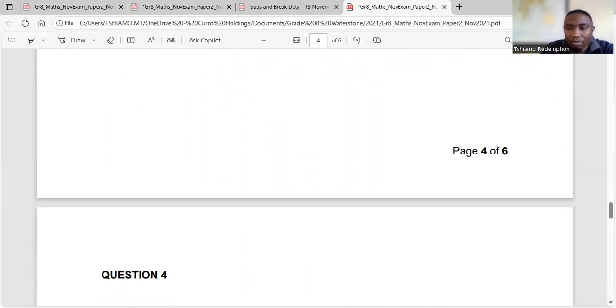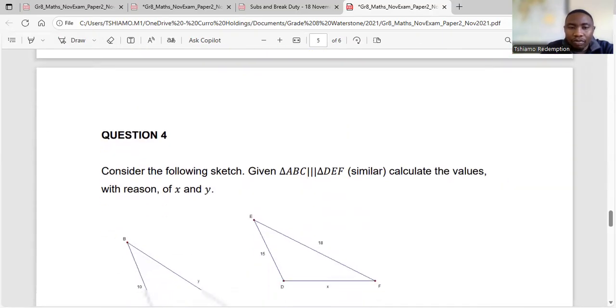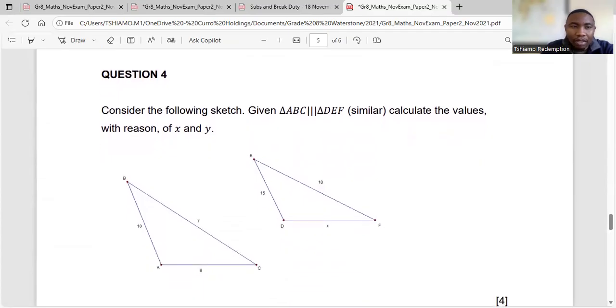Okay, moving along. Question 4. Okay, consider the following sketch given that ABC is similar to DEF. Similar, they told us, and we should know this symbol means similar. Similar shapes have the same shape, different size. How do we prove them?